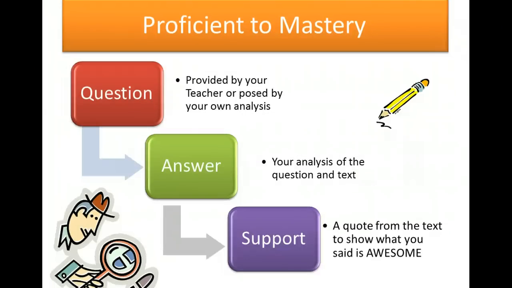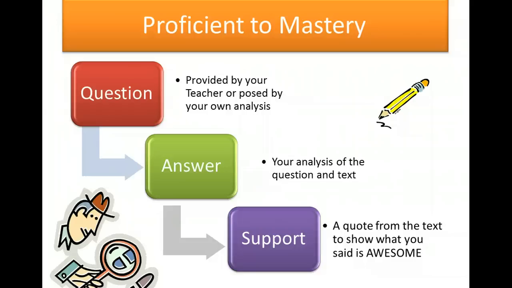So as far as how to get from proficient to mastery, on the test I'm going to be asking you some questions based on some teacher-provided quotes. That's to get proficient. But eventually I'm going to ask you to find your own quotes and make your own inferences on the text to support that you fully comprehend the ideas and the story itself.